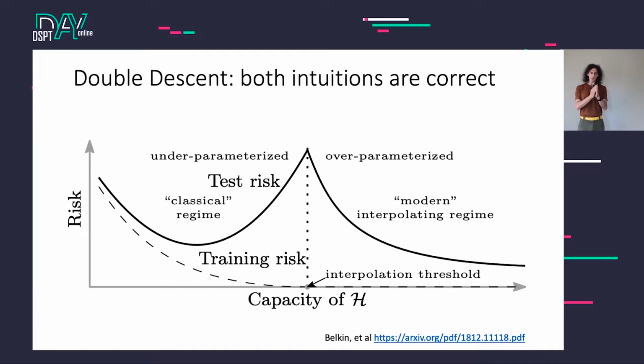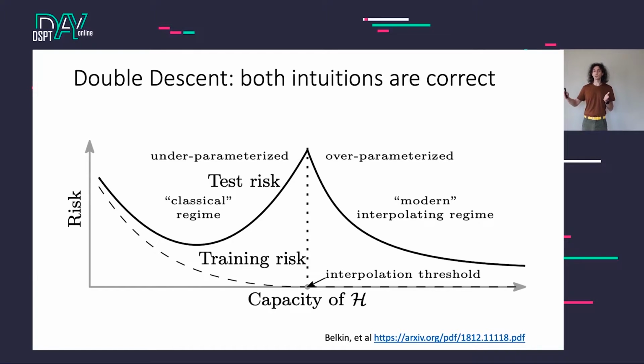This crossover happens at the interpolation threshold, where the system has essentially memorized the training data set, or at least is capable of memorizing it, where the training error goes to 0. This often happens around the point where the number of parameters in your net is equal to the number of records in your training data set.